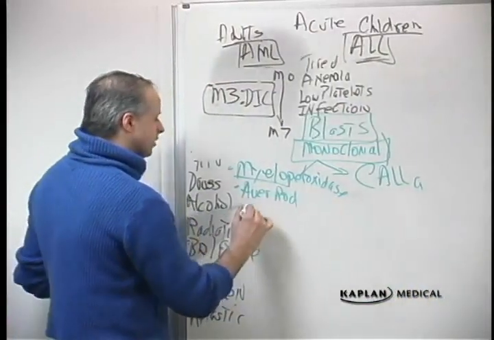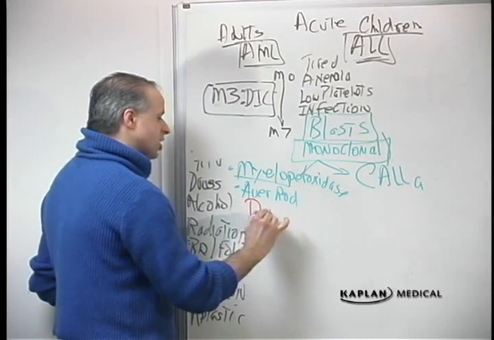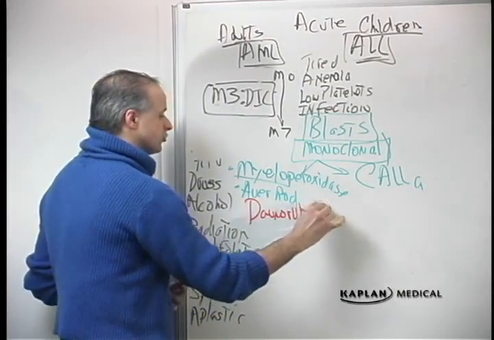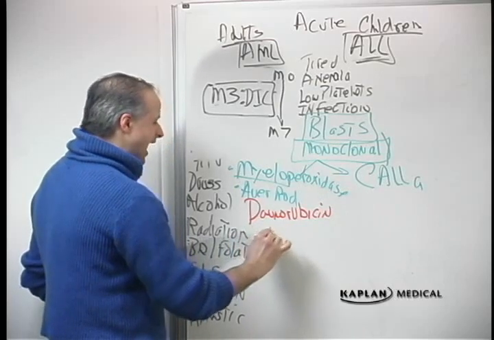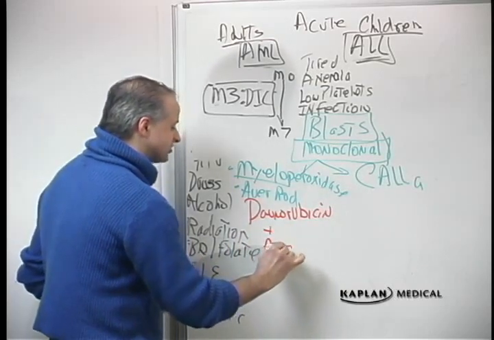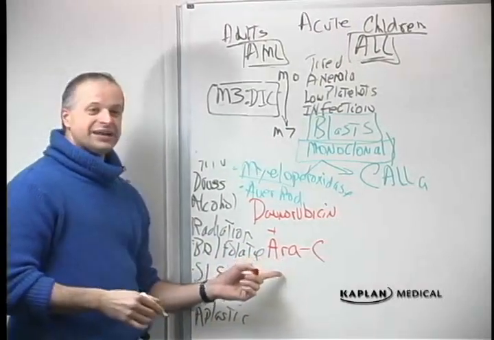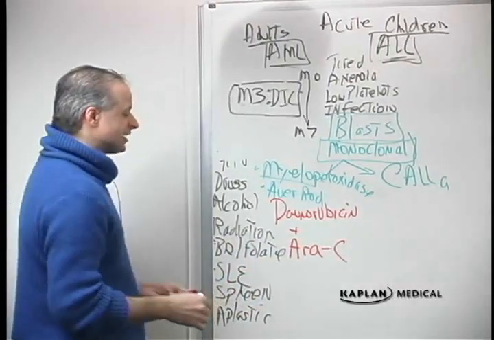The other thing is that since they have the same therapy, you don't need to know the difference, because they're all based on therapy with daunorubicin or idarubicin, and Ara-C, also known as cytarabine or cytosine arabinoside.